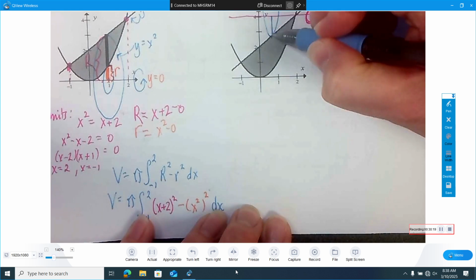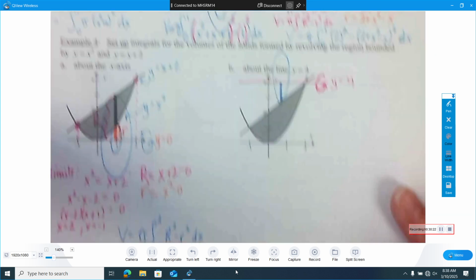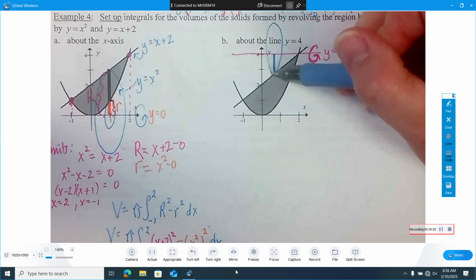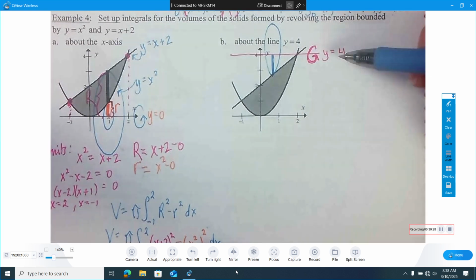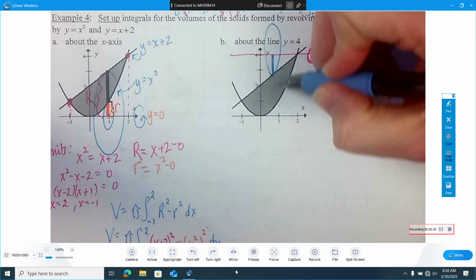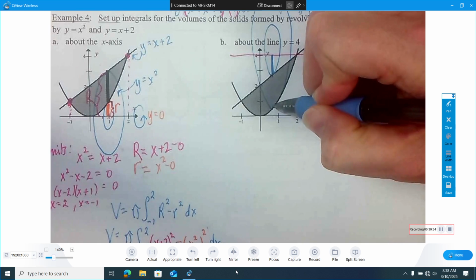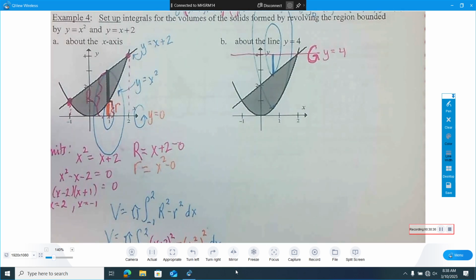So this inside section spins around that y equals 4 line, but then we have this outer section that's also spinning around, coming back. All right, so again, it's a washer method.